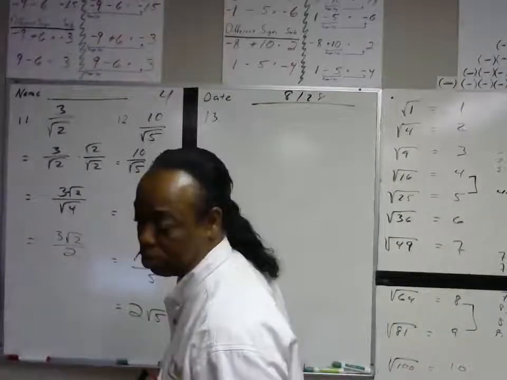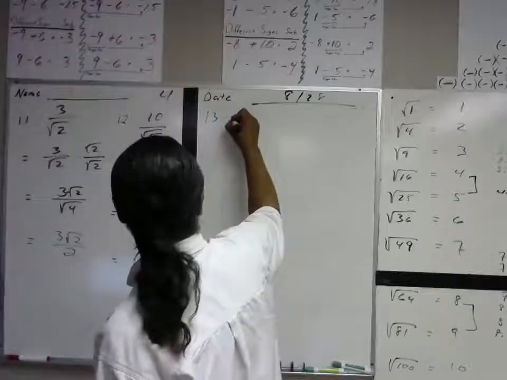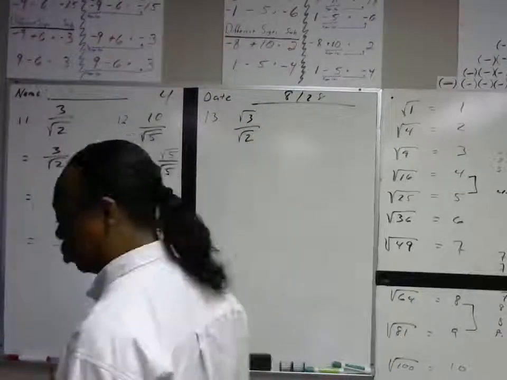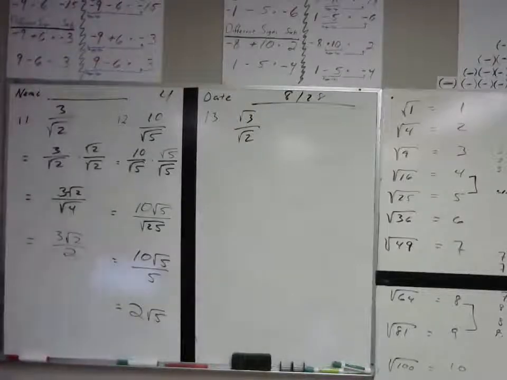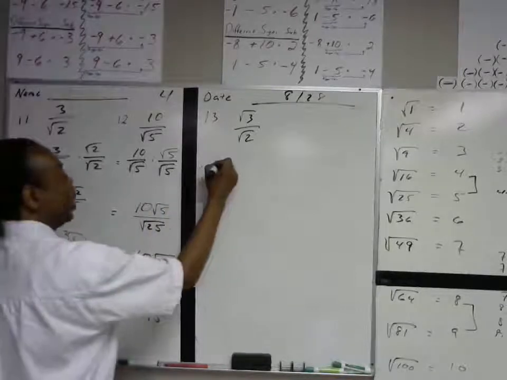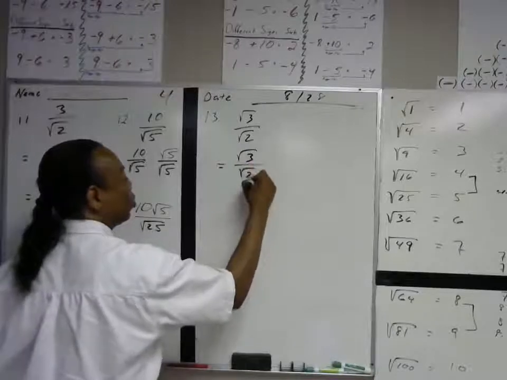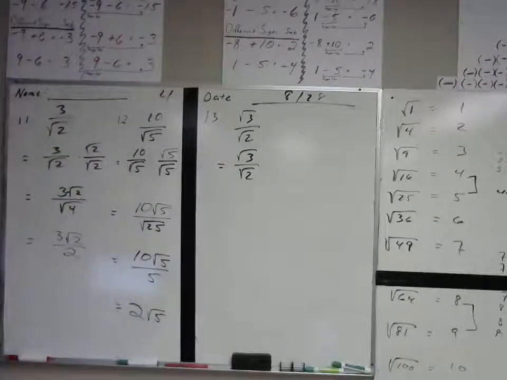13. Square root of 3 over the square root of 2. Okay. On this one here, we're going to write it again. Square root of 3 over square root of 2. Write it the second time.